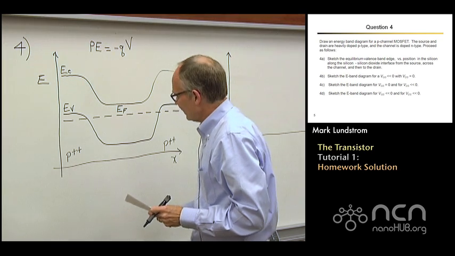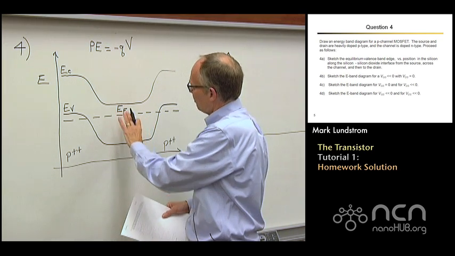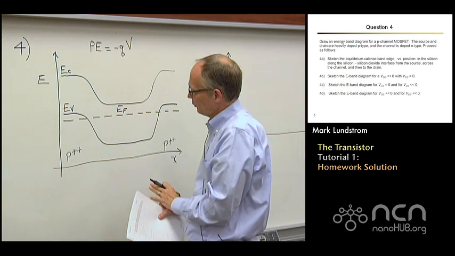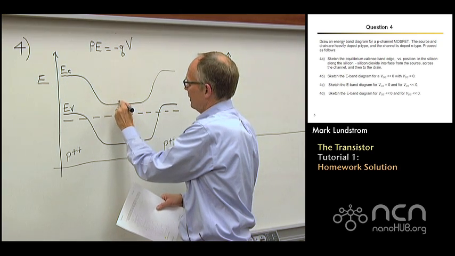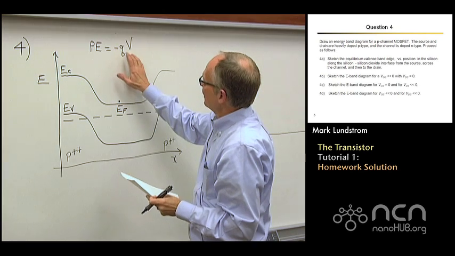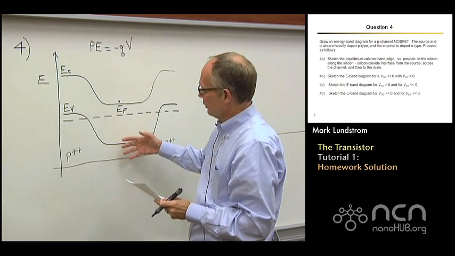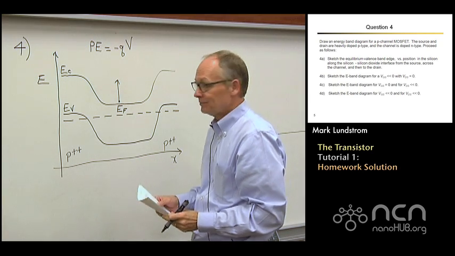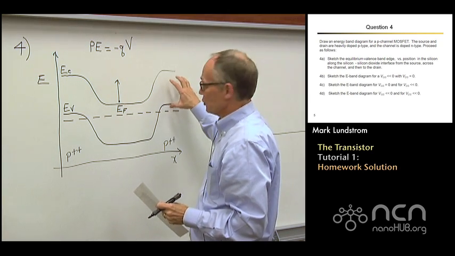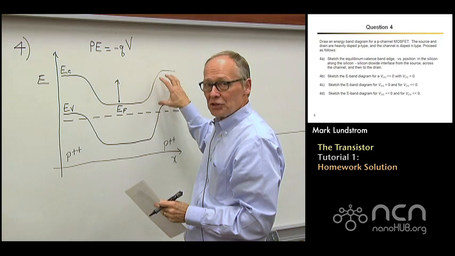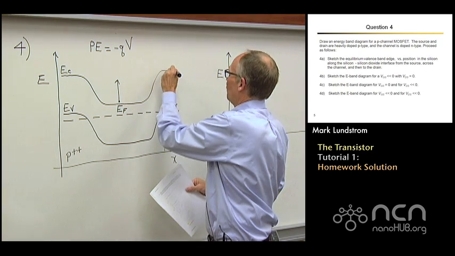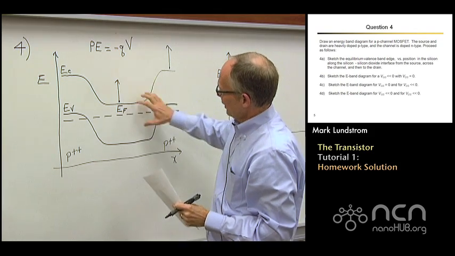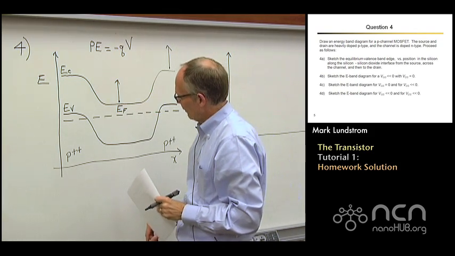So we expect that if we apply a negative voltage to the gate, we're going to change the energy bands in the channel here. A positive voltage lowers the electron energy. A negative voltage is going to raise the electron energy. If I apply a large magnitude negative voltage to the drain, I'm also going to raise the energy in the drain. So you can sort of see what's going to happen with the energy band diagram when that happens.